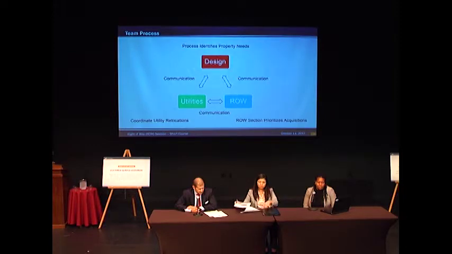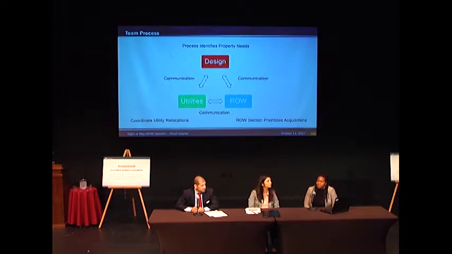What utilities are going to be impacted and how long the relocation is going to take for those utilities. This information is important because we need to prioritize our resources. We need to coordinate with the district to find out what their schedule is, what their expectations are, and how we can be of service to the district.